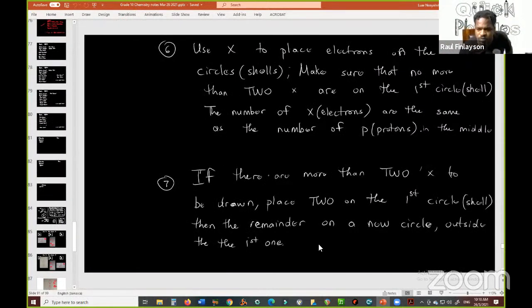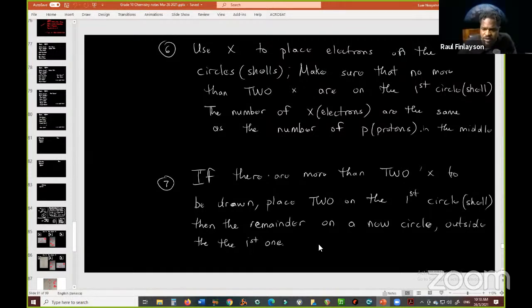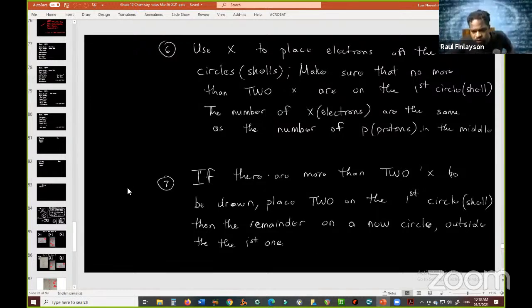So yeah, if there are two or more x's to be drawn, place 2 on the first circle, then the remainder on a new circle outside the first one.